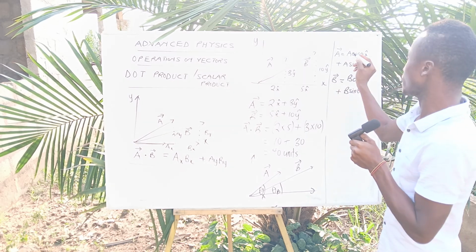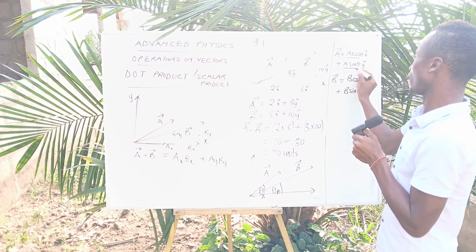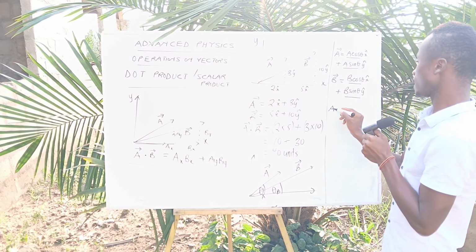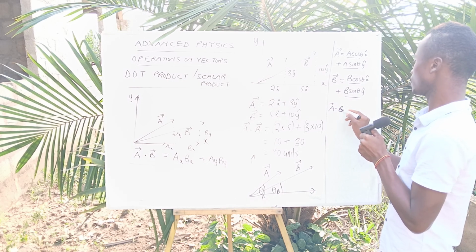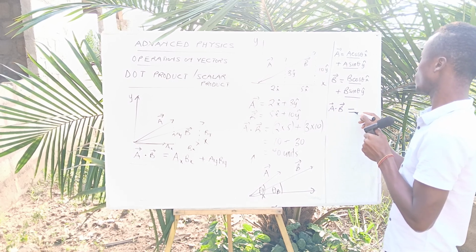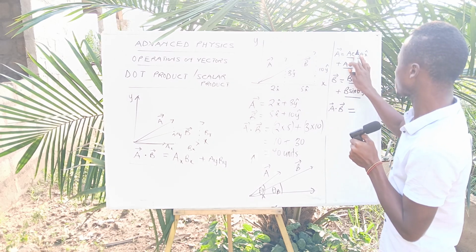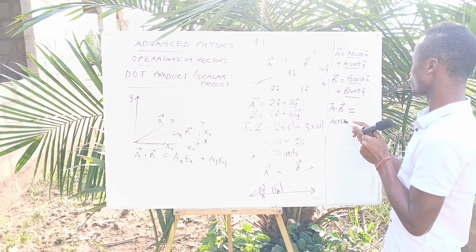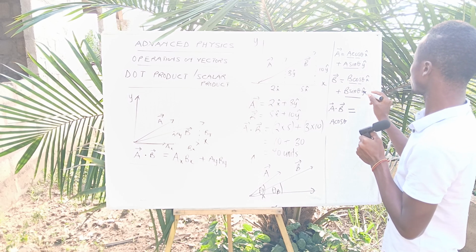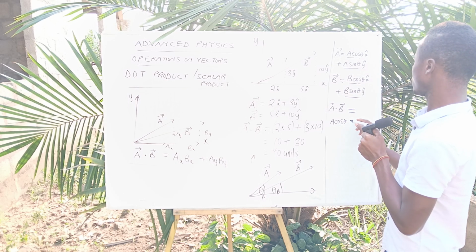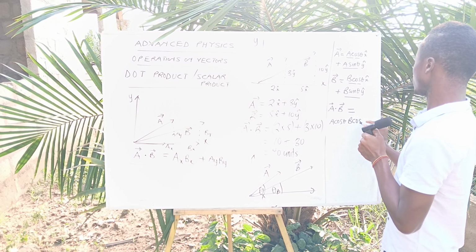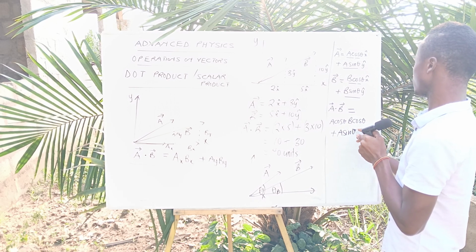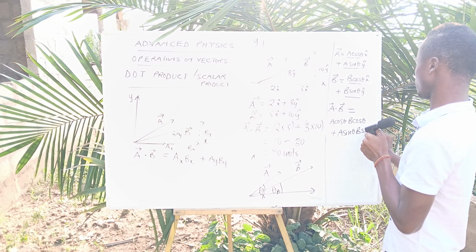So in effect, this is AX, this is AY, BX, BY. So the dot product A dot B would be equal to, and remember it is AX times BX, so we have A cos theta B cos theta plus A sin theta B sin theta.